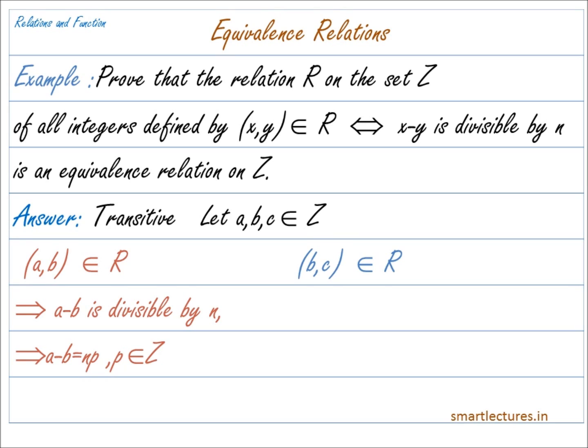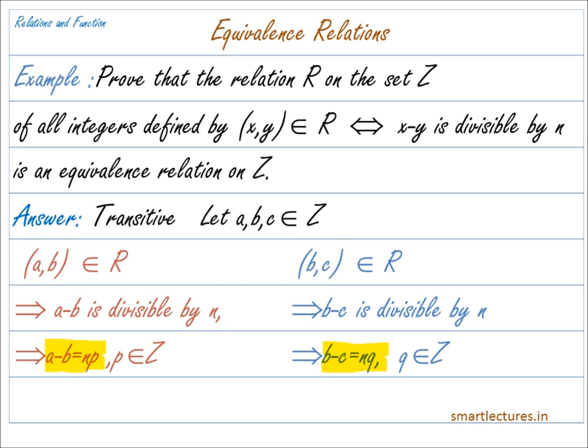And also BC belongs to R, or we can say B minus C is equal to N into Q, where Q is an integer. So we have A minus B is equal to N into P, and B minus C is equal to N into Q.